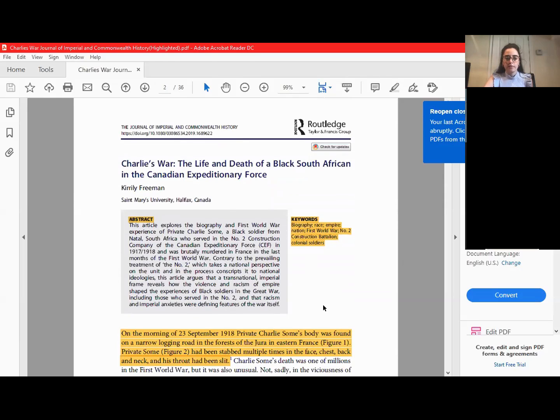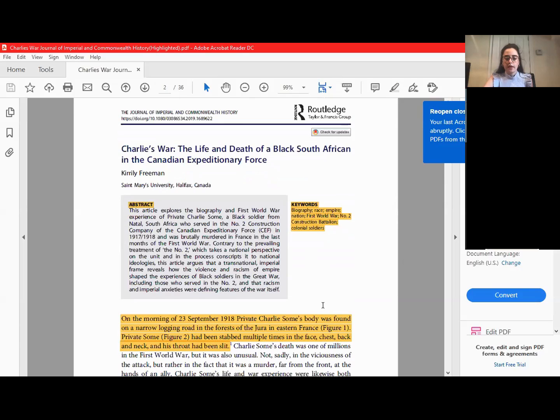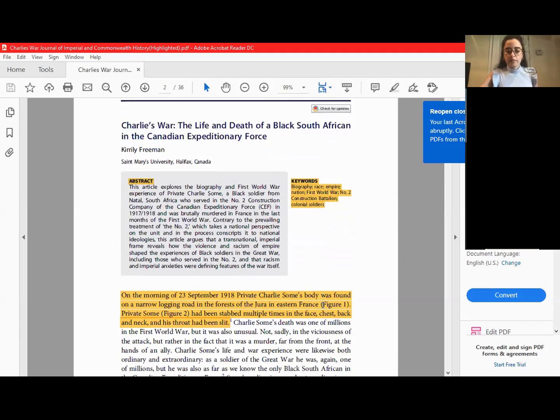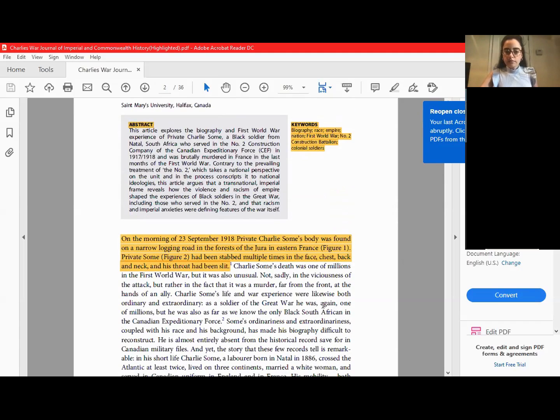So the next thing, what's the evidence, or why is this research being done? Were you able to see that? Or maybe I'll give you a second to go through. So I think why the research was being done was because he had a bit of a different story, being originally from South Africa, which was quite unusual. And just the circumstances of how he was killed in World War I. Yeah, I think that context led to further research being done.